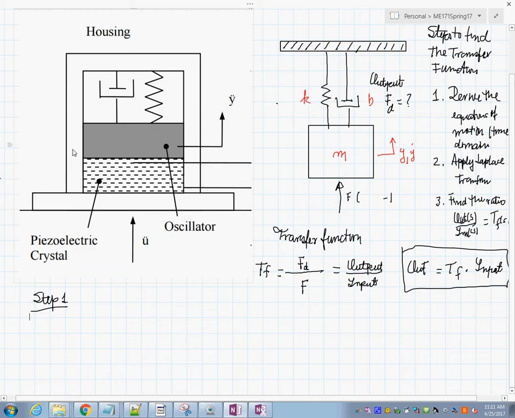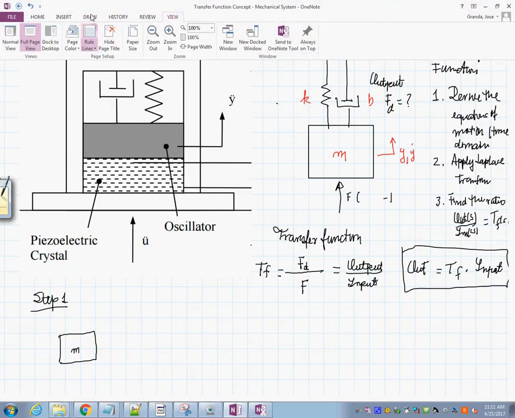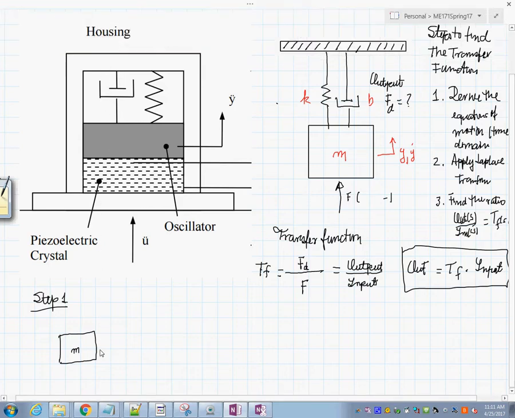So you see here, if we make a free body diagram of the mass in here, what forces act on this? First you would have the weight, which is mg.